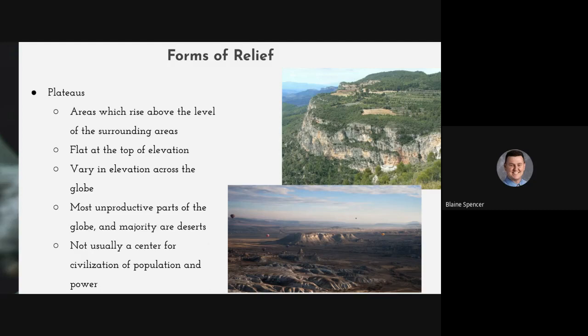The bulk of them are going to be out in deserts. If you've ever been to the Panhandle, parts of it are great for growing crops. A lot of wheat, maybe some cotton, some corn. But near these plateaus, around the Black Mesa, it's pretty much just a lot of rock.